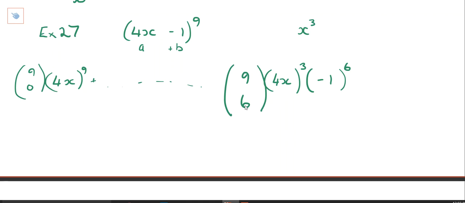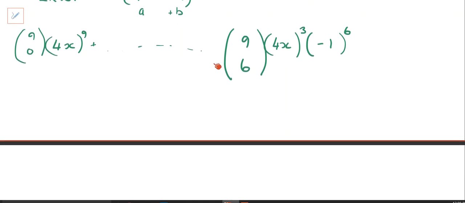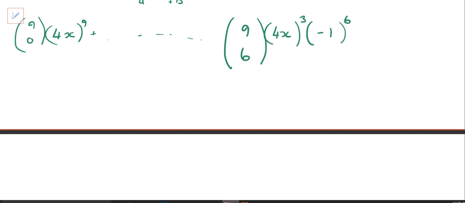Yeah? So 9, 6 or 9, 3, either one, doesn't matter, going to give you the same. But what we now know is we've got that sorted. Right? So that's the term we need to simplify. Make sense? We just need to do it now. So what is the value for 9, 6? Calculate one.